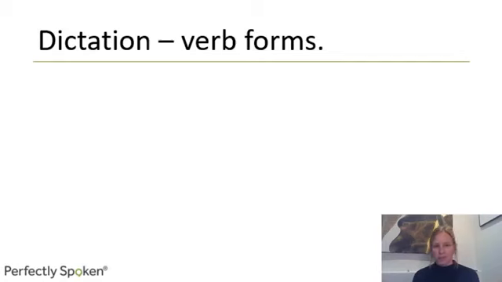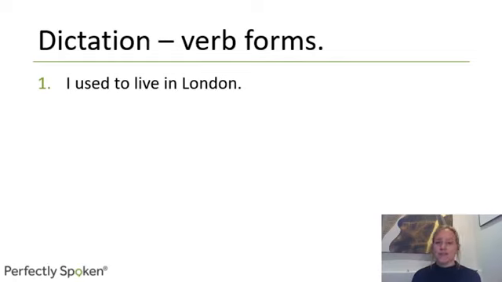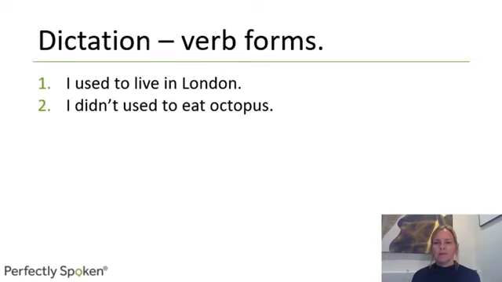Okay. And now, here we are. This is the last task in the lesson. So let's have a look. 8 sentences. Sentence number 1, I used to live in London. I didn't used to eat octopus.